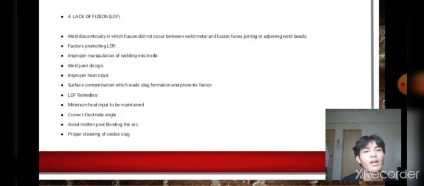Factors promoting LOF: improper manipulation of the welding electrode, weld joint design, improper heat input, surface contamination which leads to slag formation and prevents fusion. LOF remedies: minimum heat input to be maintained, correct electrode angle, avoid molten pool overtaking the arc, proper cleaning of oxides and slags.